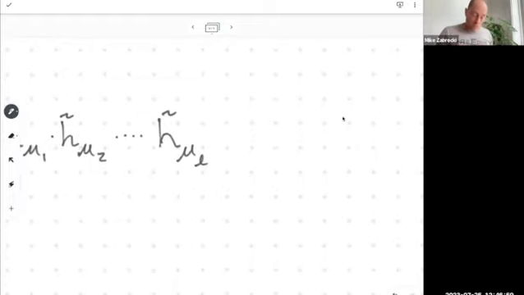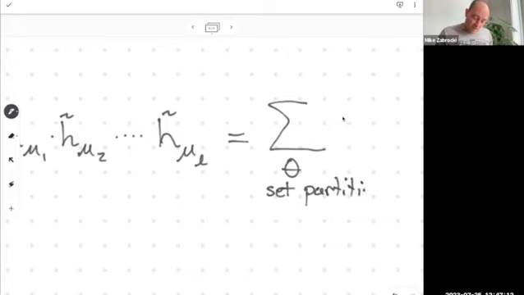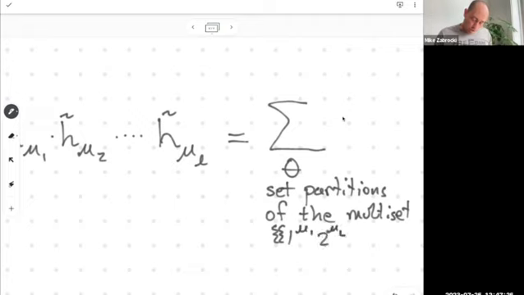Using my product rule, this is going to be the sum over all theta, which are set partitions of a multiset, 1 to the mu1, 2 to the mu2, L to the mu L, and then H tilde M of theta.